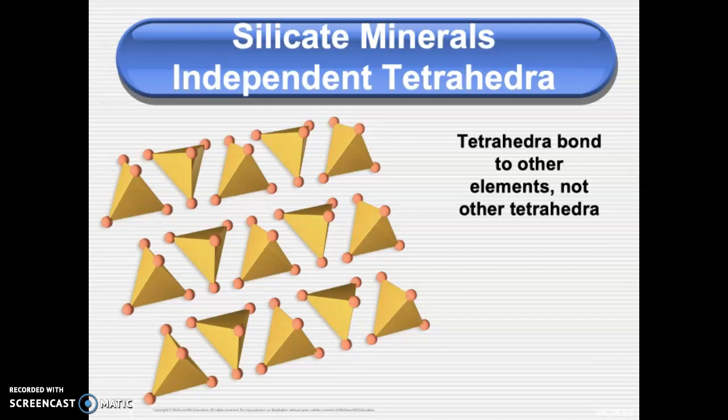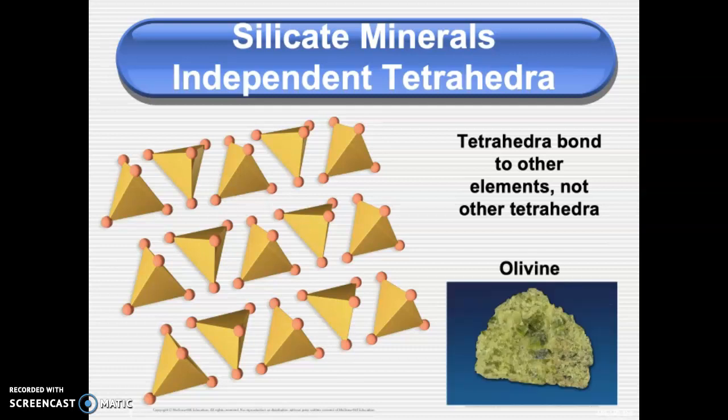You might find calcium. You might find potassium. There are a whole variety, really an alphabet soup of elements that you can find occupying the spaces in between the tetrahedra. So this is the simplest structure, where you still maintain those individual pyramids and then bond them together with other elements.